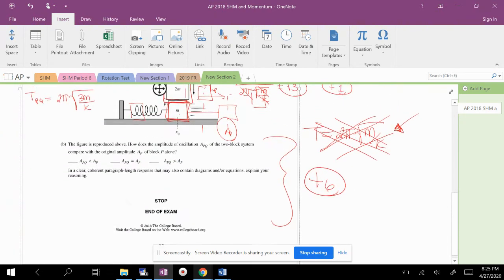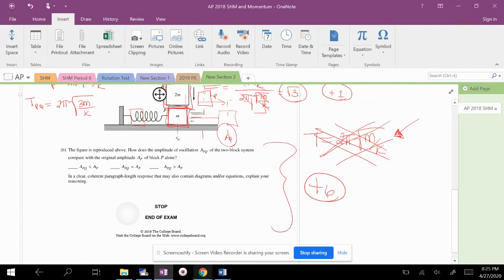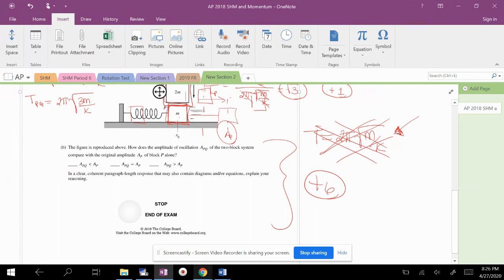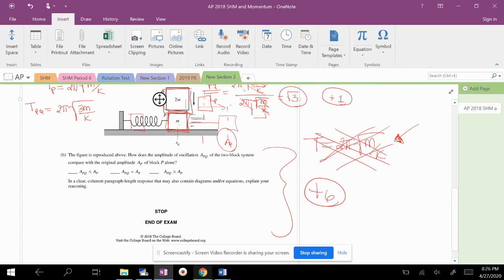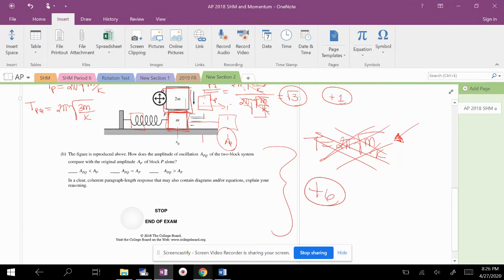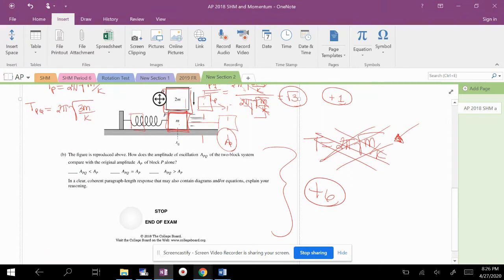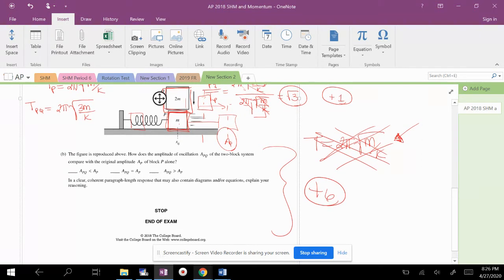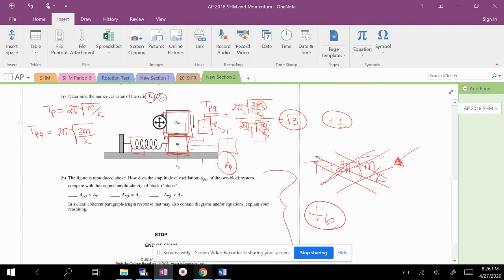The first thing, which I'm going to write down because I have some equations, is what happens to the velocity. I know I need to talk about that because we're talking about momentum, and momentum has to do with velocity, so I have to talk about velocity with the simple harmonic question.